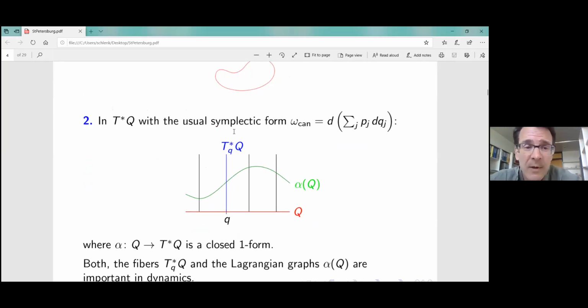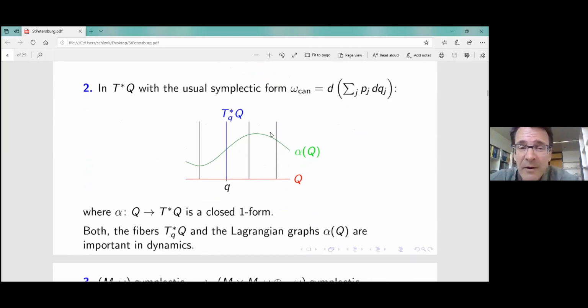So when you take a smooth manifold Q and the cotangent bundle over it, then there are several very important Lagrangian submanifolds there. First, every fiber is Lagrangian. Topologically, this is not interesting. It's an R^n, and it's obviously Lagrangian because dq∧dp can only eat dp's, so there is nothing to evaluate non-zero, right? Then, kind of orthogonal to it, there is the zero section.